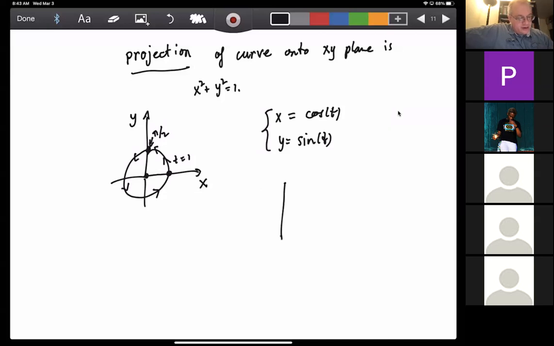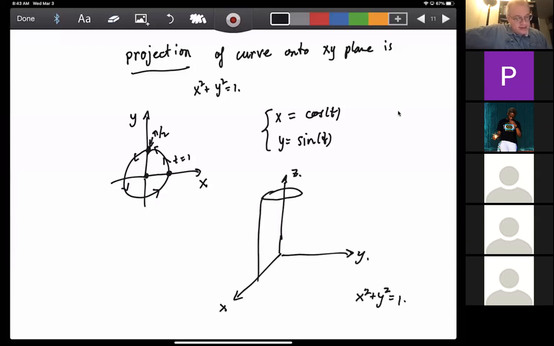What about our full curve that lives in three-dimensional space? Well, x squared plus y squared is equal to 1 is a cylinder in three-dimensional space. And I'll draw a section of that cylinder here. It intersects the xy plane in the circle, x squared plus y squared equals 1, z equals 0.